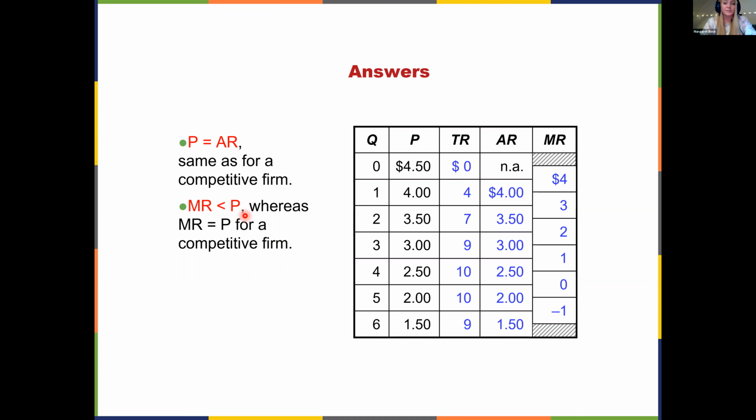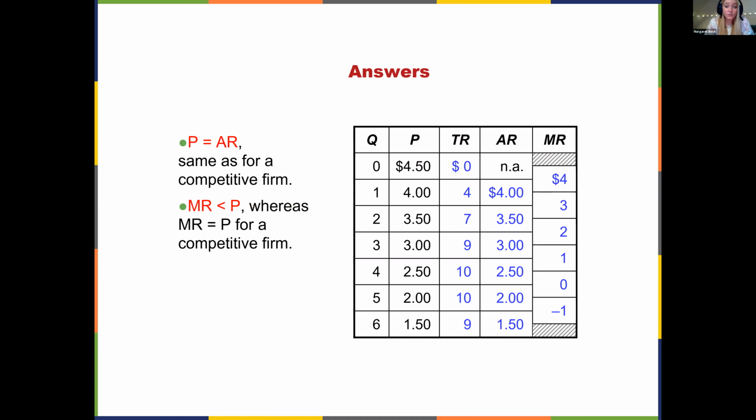For perfect competition, price is exactly equal to marginal revenue, but for a monopoly, the price is going to be bigger than the marginal revenue, or marginal revenue is less than price. However you want to read this inequality, you can read it either way. So marginal revenue less than price, or price greater than marginal revenue.